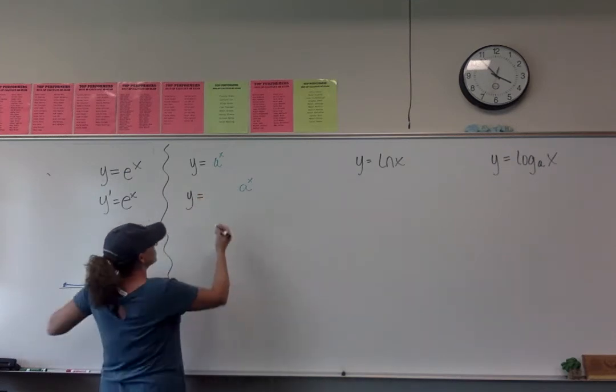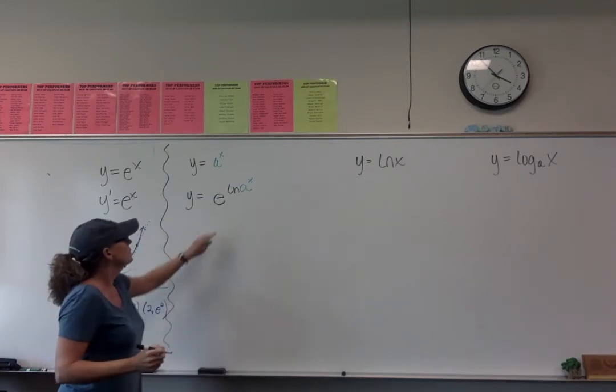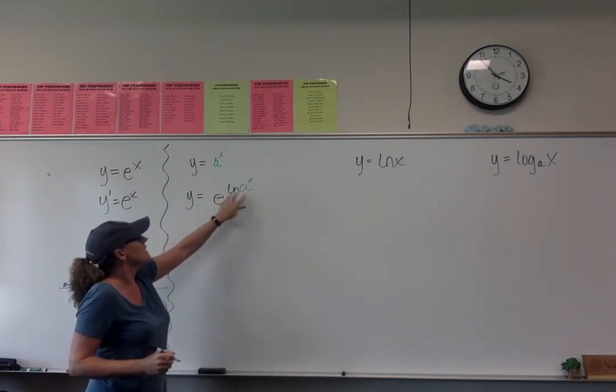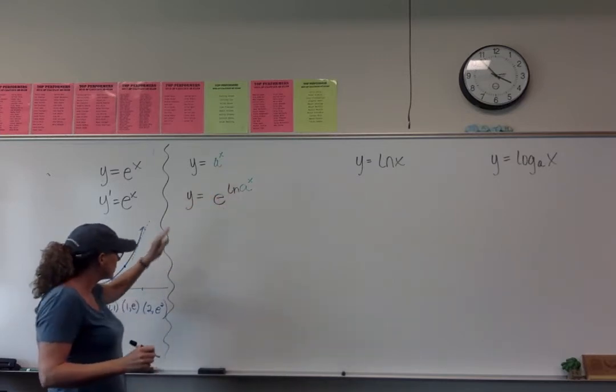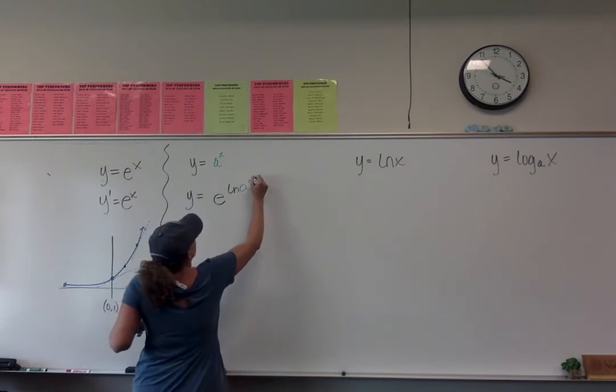I want to complicate it for just a minute. E to the ln a. I just want to take you back to pre-cal to show you how this function is equal to this function. Okay, so ready?